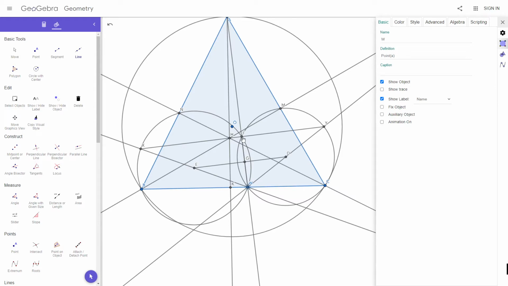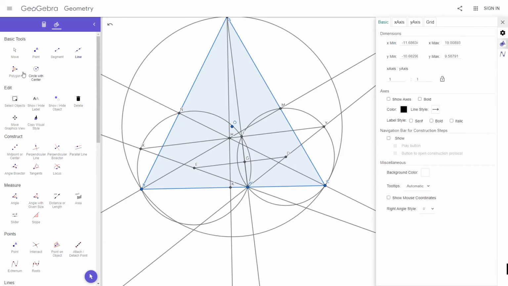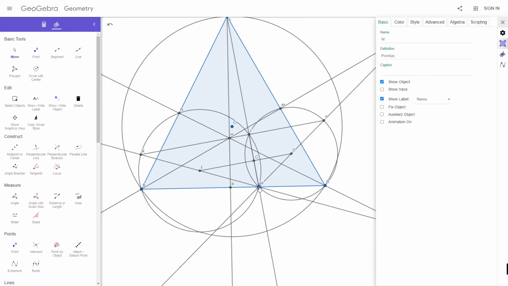Alternatively, we can chase some angles, but I'm not sure which angles we would chase. So let's take a look at this. Actually, it might be an angle chase.